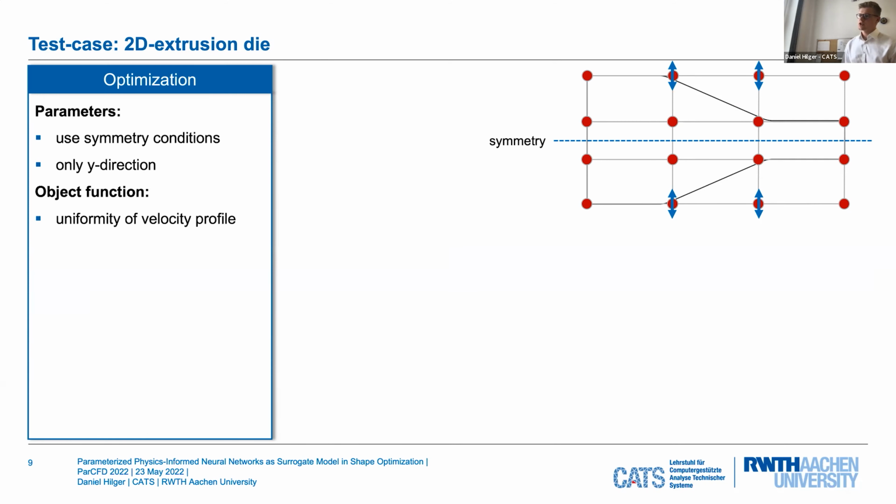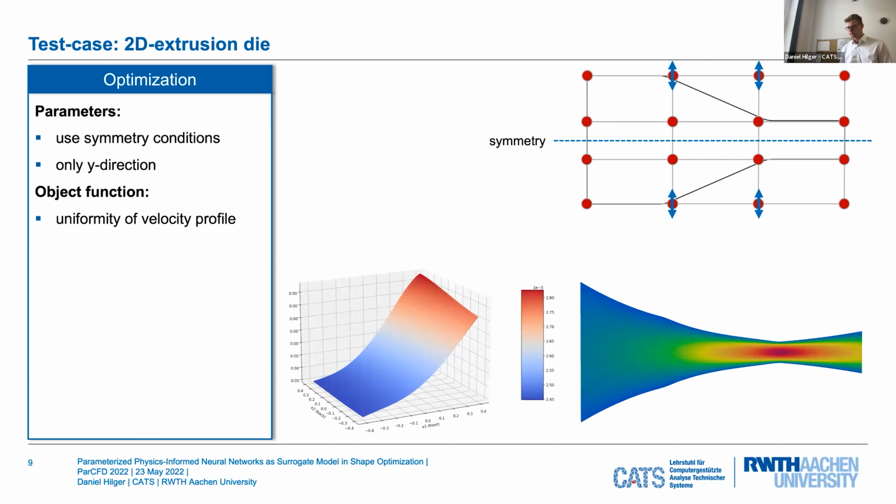The objective function in this optimization problem was basically to obtain a rather uniform velocity profile at the outlet, because experimental findings showed that this is a good measure to reduce the swelling effect.